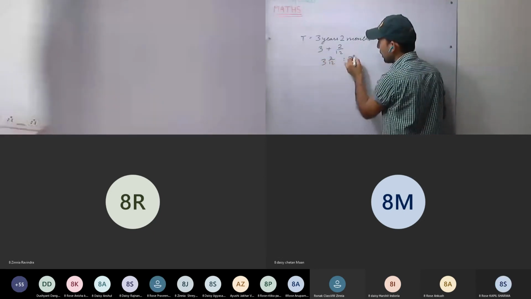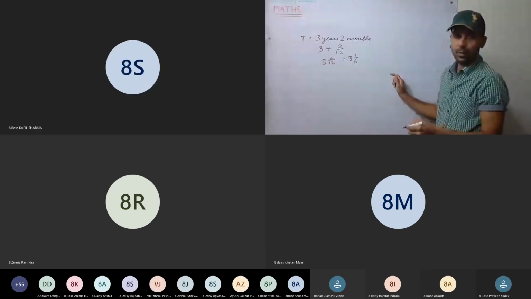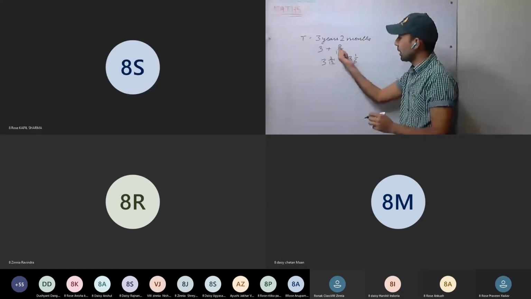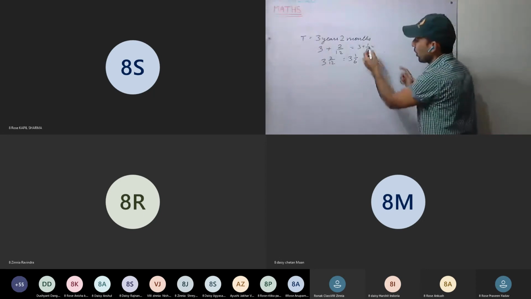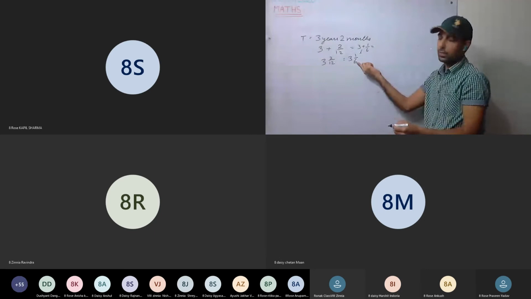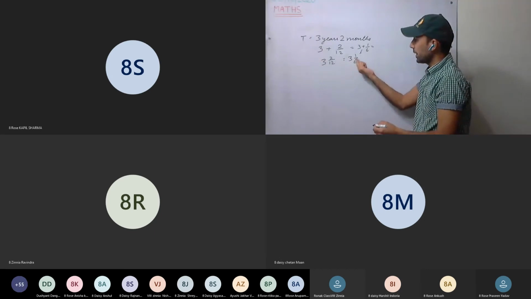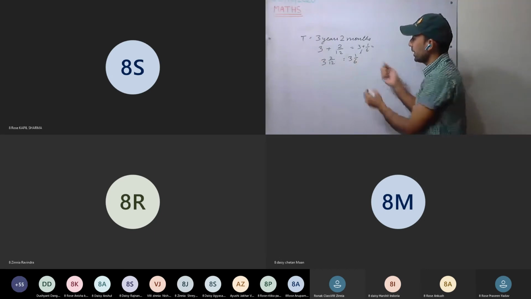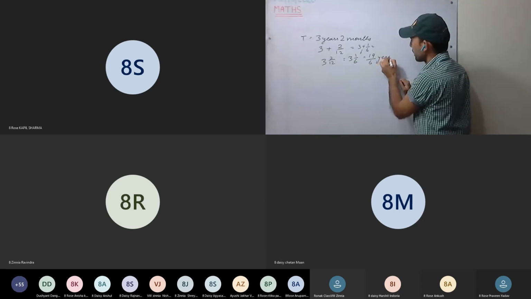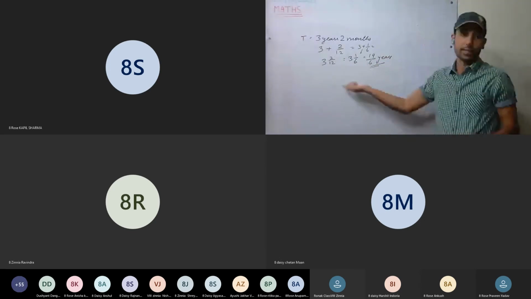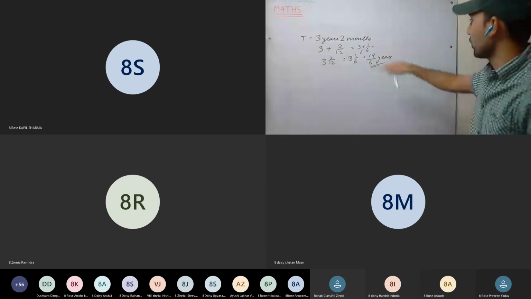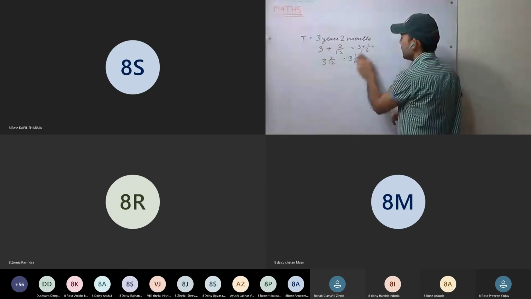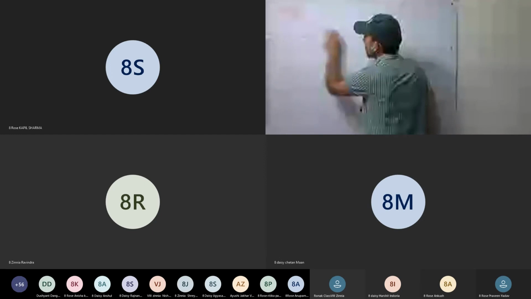It will be 3, 1 by 6. Either you can do it like this, 3 plus 2 by 12 and then calculate, so it will be 3 plus 1 by 6. Or you can write 3, 1 by 6 as 18 plus 1, 19 upon 6 years. You got the time. Now you can calculate. Calculate it again. This is clear.